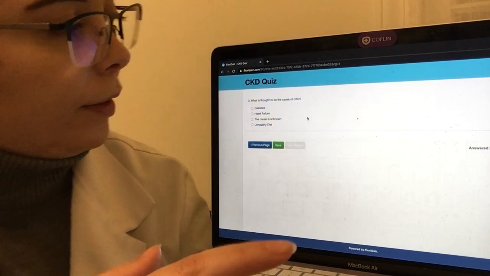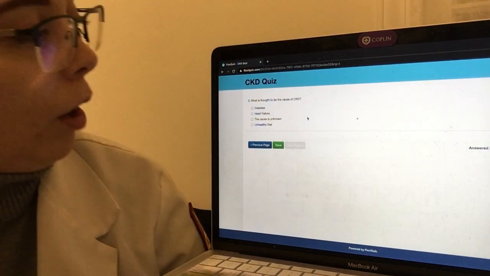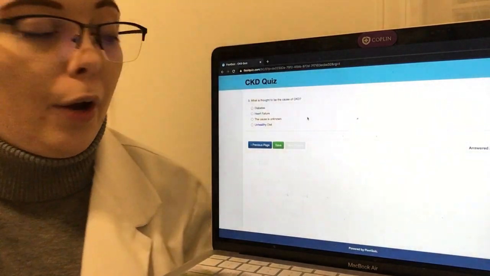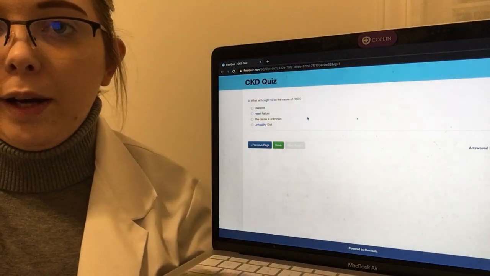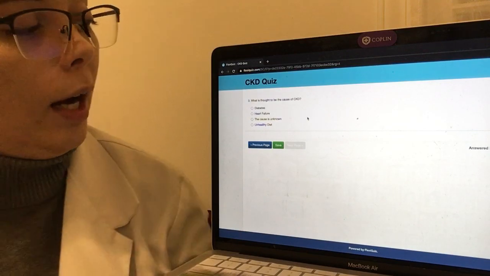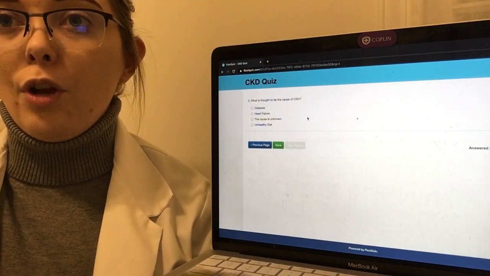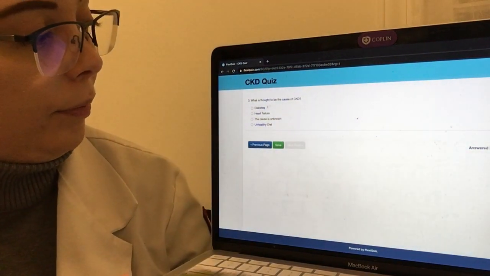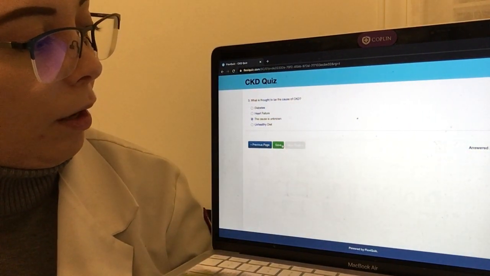What is thought to be the cause of CKD? Our options are diabetes, heart failure, the cause is unknown, and an unhealthy diet. Again, from the presentation, we would know that there is currently no cause that is known for chronic kidney disease. So we are going to put the cause as unknown.